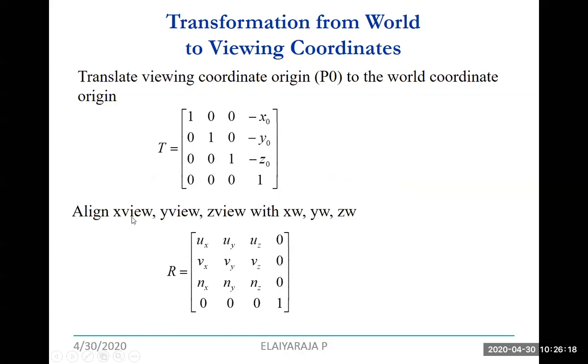If it is x-axis view, then it is going to be the y-z plane. If it is y-axis view, it is going to be the x-z plane. If it is z-axis view, it is going to be the x-y plane. So with respect to x world, y world and z world, you have to write the transformation matrix to viewing coordinates.